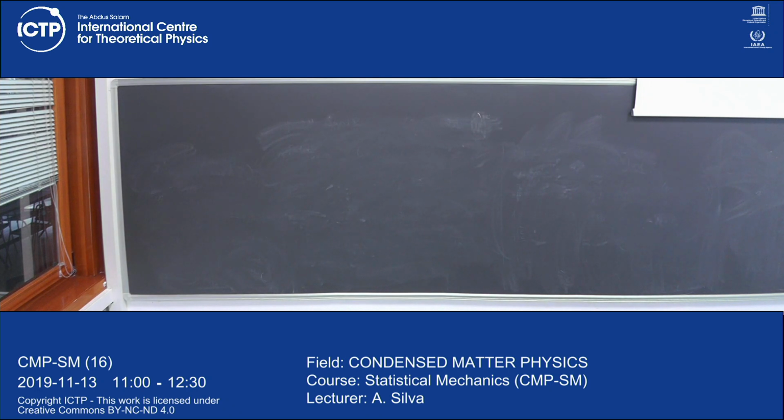You remember that this potential was looking like this. We had a long-range tail and the short-range repulsion. So this term here contains information about the long-range tail. This one contains information only about the short-range repulsion.